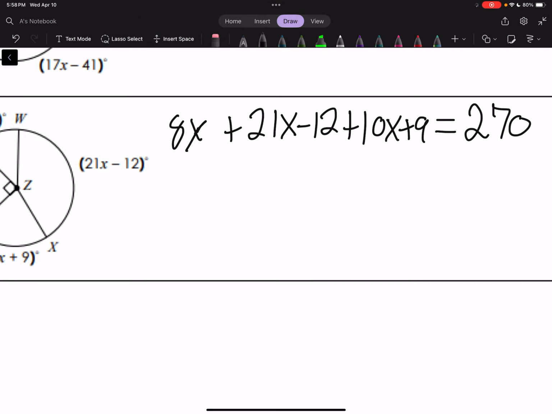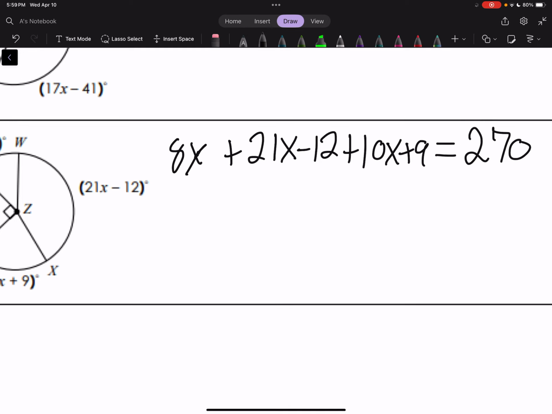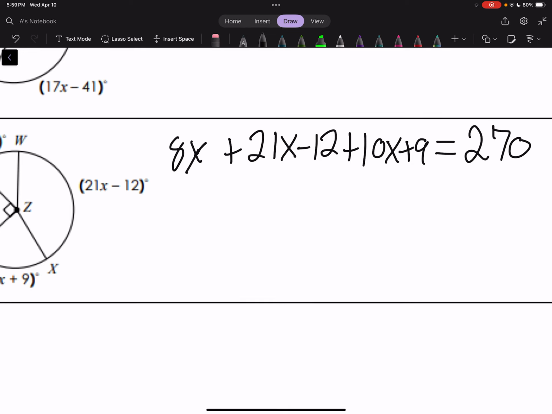Okay, I want to take this moment just to remind you, if you type this in Desmos, instead of equals 270, put a minus in parentheses around the 270 on the right side, and you will get your answer of x equals 7. But now let's do it the algebraic way. If I combine my 8x, 21x, 10x, I get 39x.